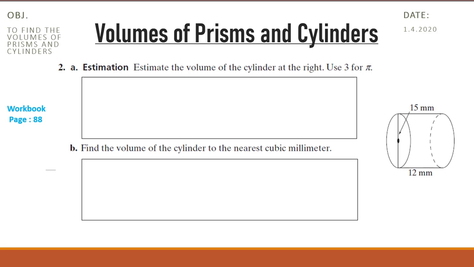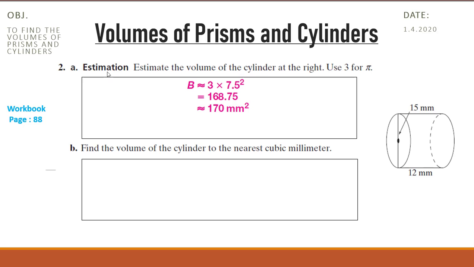Okay guys, let's continue. To estimate, use 3 for pi. So it's 3 multiplied by the radius, which is half of 15, so 7.5 squared. And find this approximately, it will be 170 millimeter squared. That's approximate.